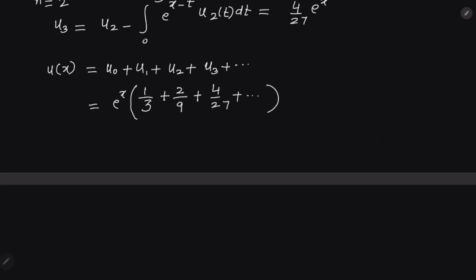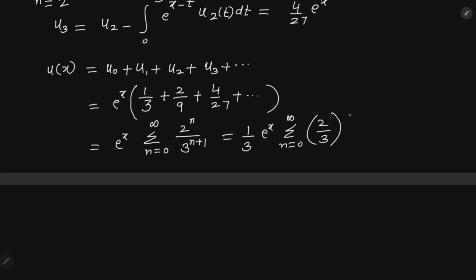The only thing left is to find the formula for the bracket terms. So we have e raised to power x, sum n from 0 to infinity of 2 raised to power n over 3 raised to power n plus 1, and then we have 1 over 3 as a common factor, e raised to power x over 3, sum from 0 to infinity of (2 by 3) raised to n.